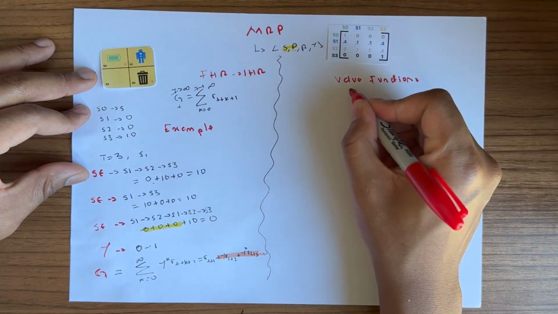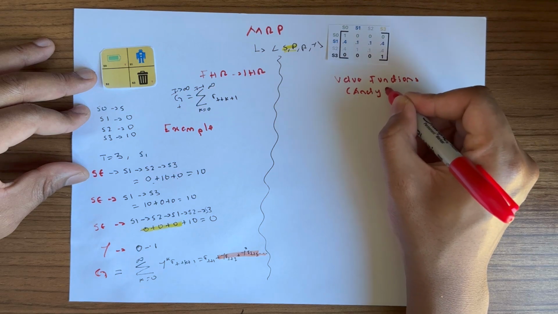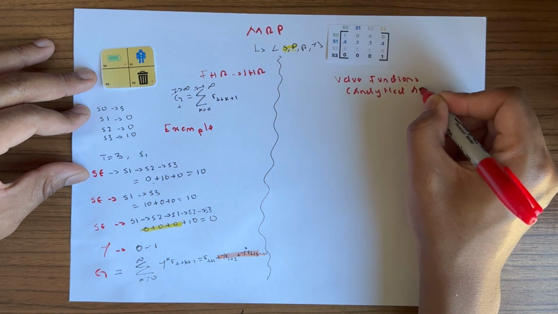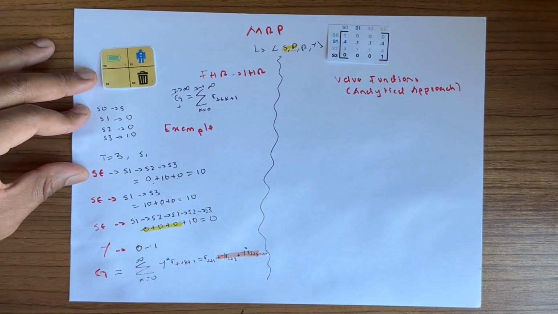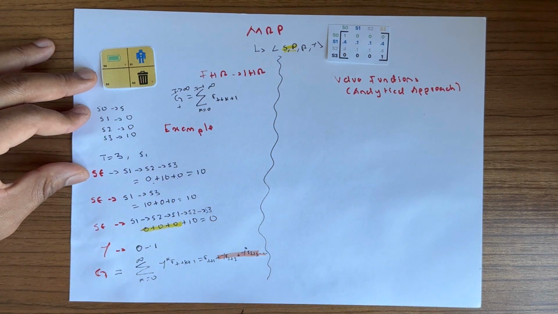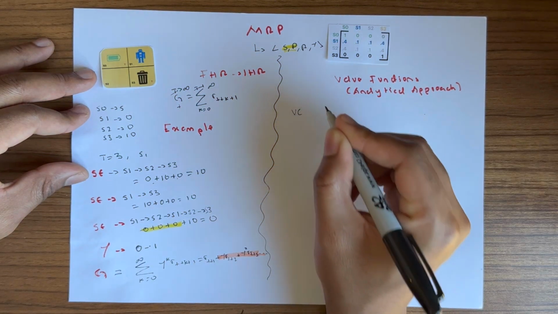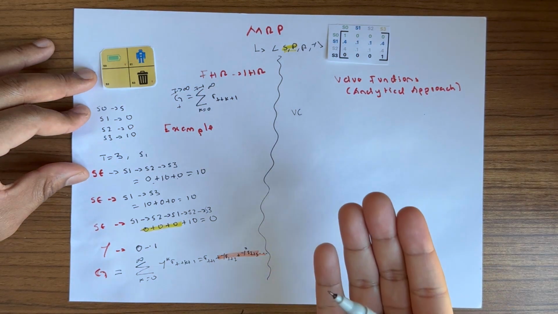And I'm going to denote this as approach. So from this I'm going to get a value function. Maybe before I write the formula, it's important to tell you what it is.